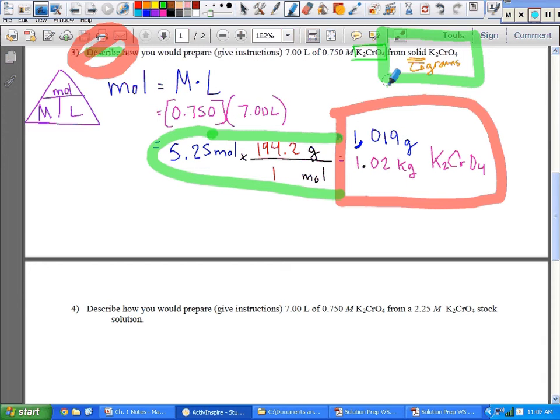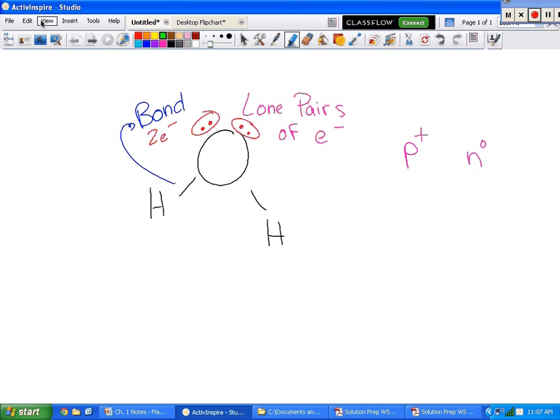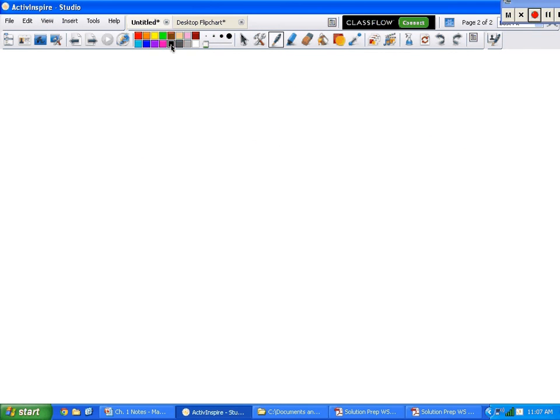Okay, so let's talk about the describe. So this is the part where hopefully you went back and you looked at your notes to be able to explain all of that. So the first thing we would do would be what? Mass out how much? You can write the words, that's fine. But K2CrO4 is a lot easier than potassium. To each their own, whatever, that's fine. So mass out, blah, blah, blah, blah, blah, potassium dichromate.